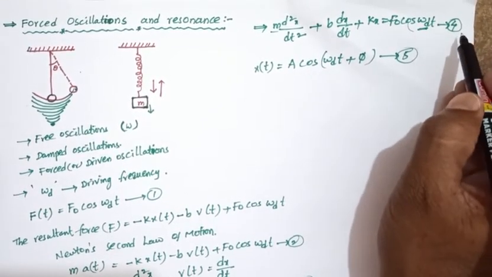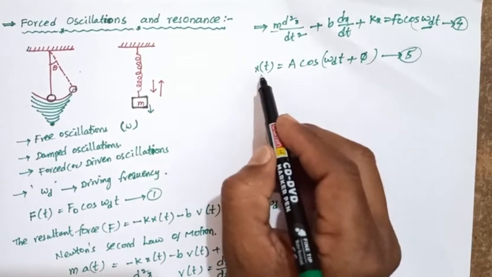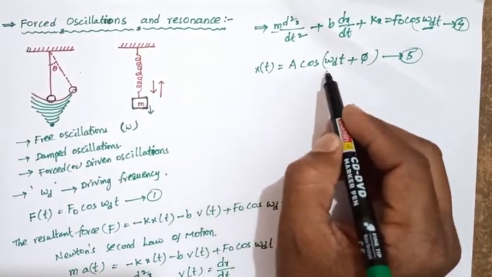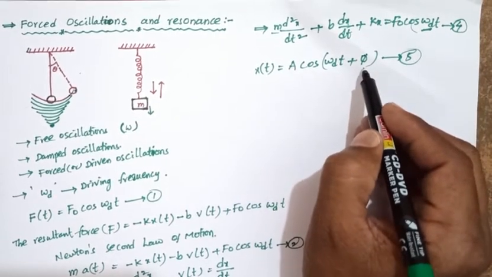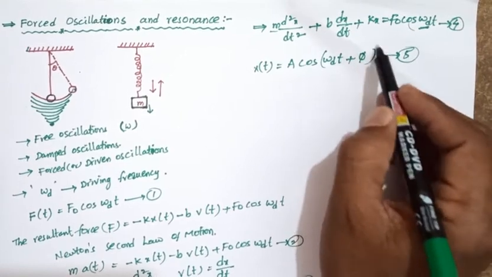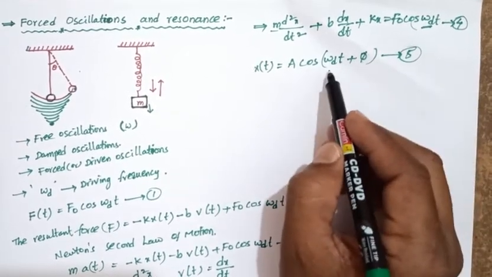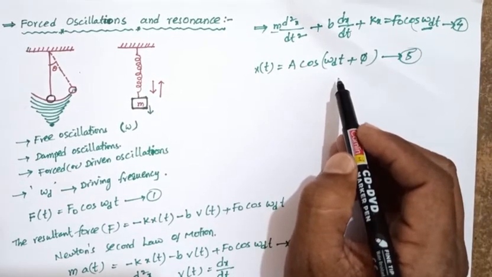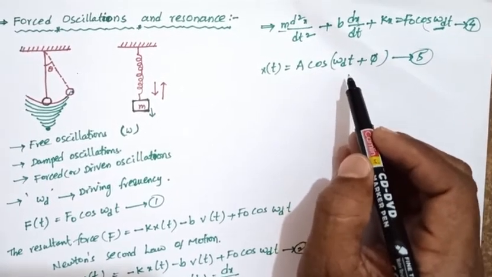So the solution of equation number 4 is x of t equals A cos omega d t plus phi. Here phi is the phase difference or phase angle, and omega d is the driving frequency, with respect to time.